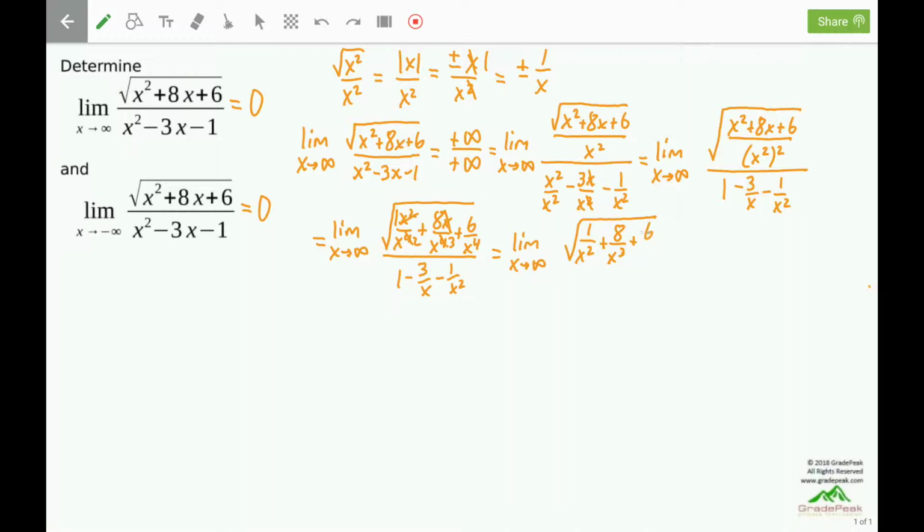And the 6 over x to the fourth has no x's to cancel. It will remain a 6 over x to the fourth. Each term that is a constant divided by x to a positive power will go to 0 as x approaches positive infinity.